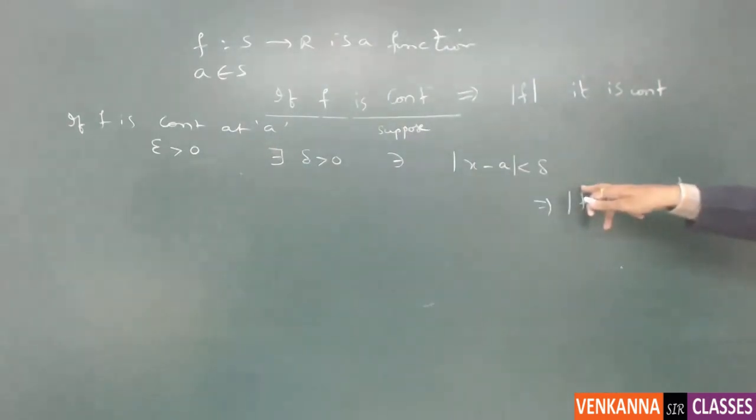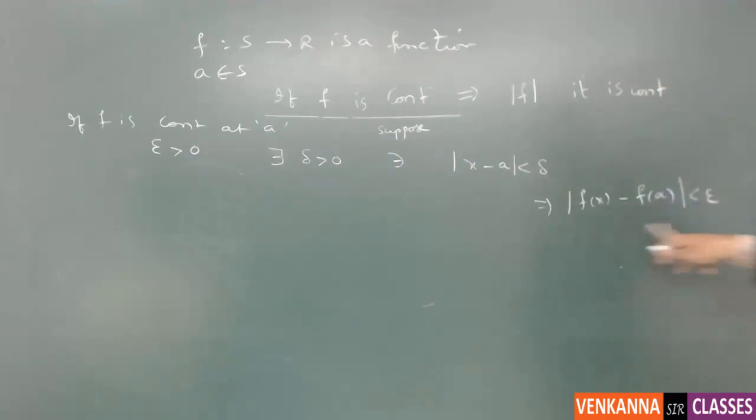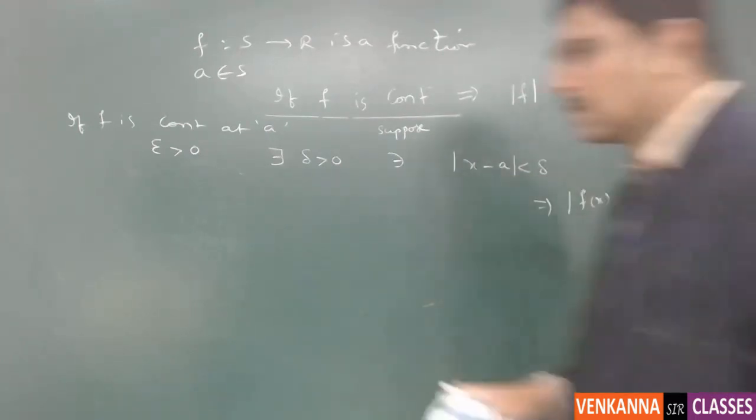For epsilon greater than 0, there exists delta greater than 0 such that whenever mod x minus a is less than delta, it implies this value is less than epsilon.